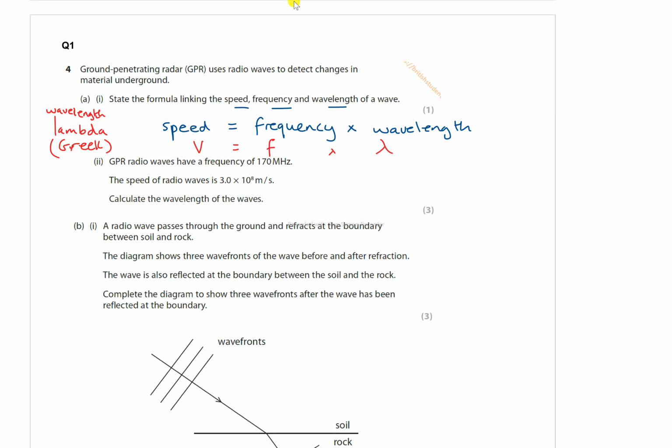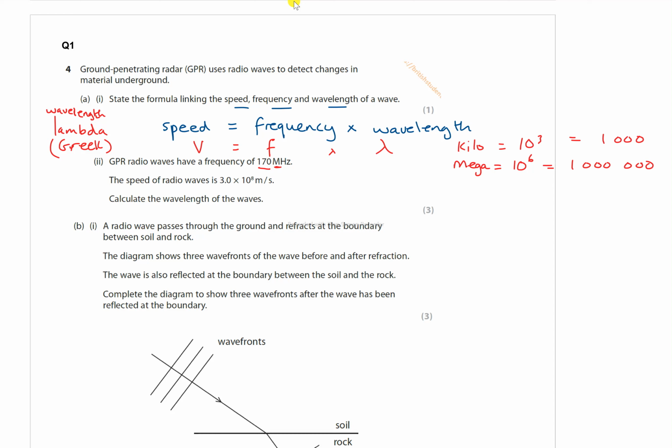Right, so we've got a frequency of 170 mega. Mega is 10 to the 6, or 1 and then 6 zeros. Kilo is 10 to the 3, or 1 and 3 zeros.